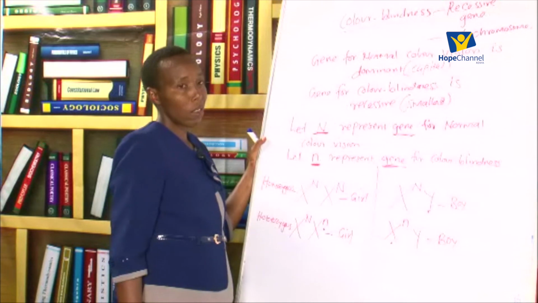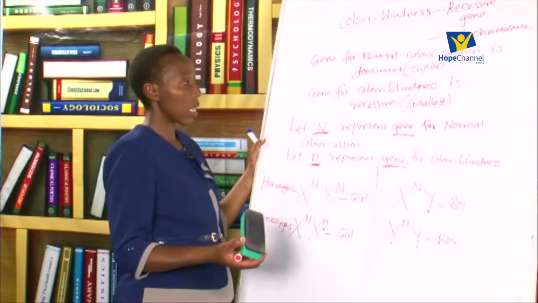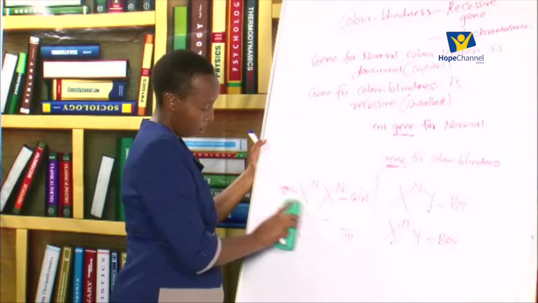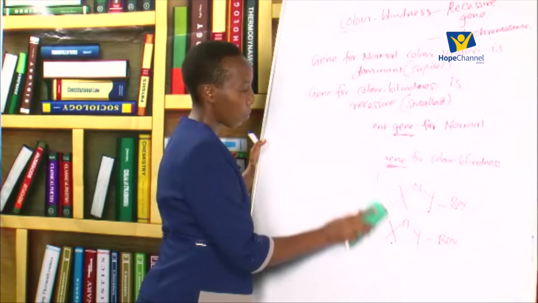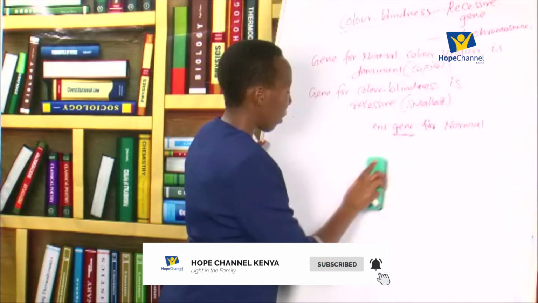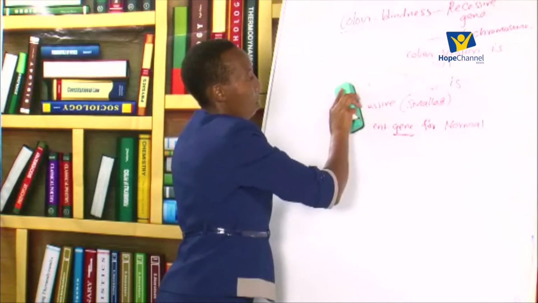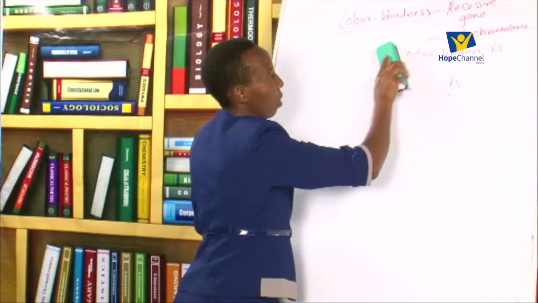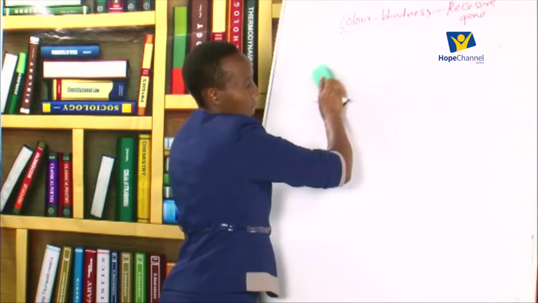Now you want to do a genetic cross to show how the inheritance takes place. In this case, you want to have different examples so that we see how it is inherited. You can have a family whereby all of them have a normal color vision, but one of their child or some of their children are colorblind.